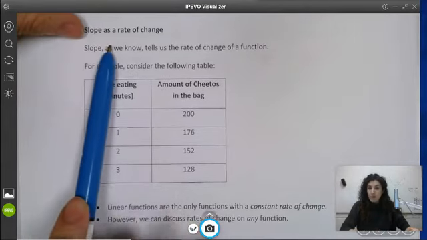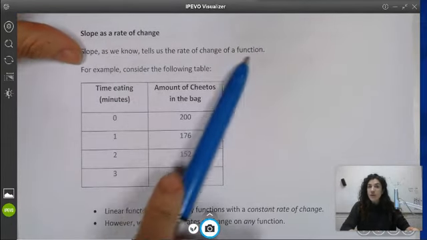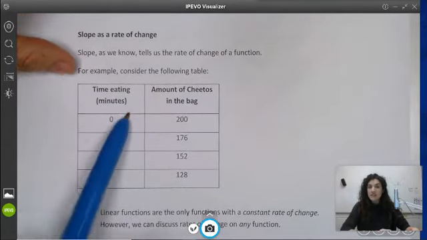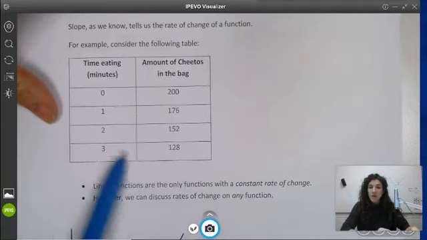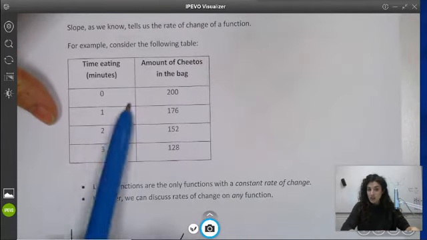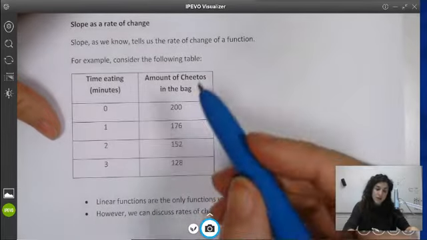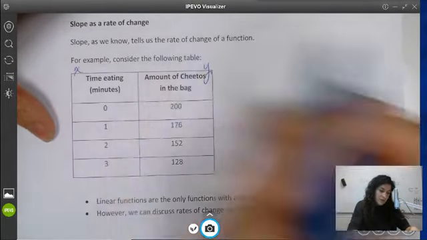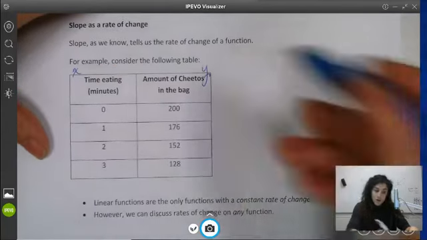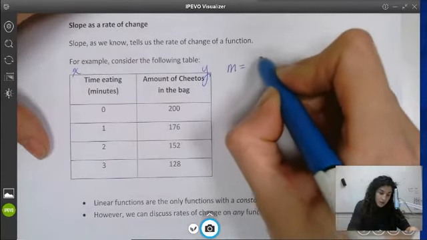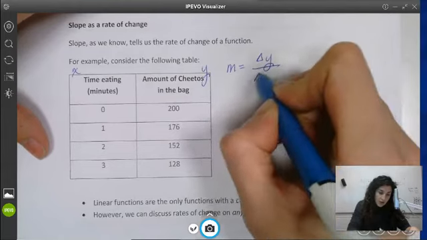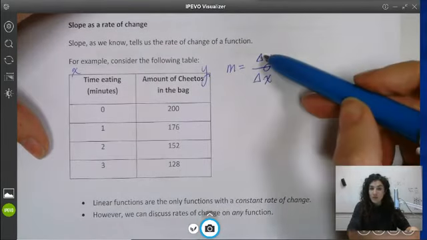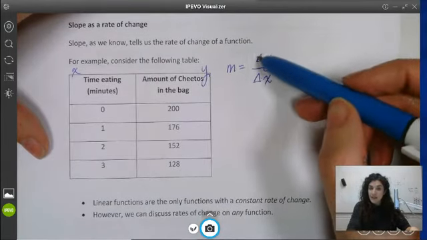So let's think about it in a word problem way. Slope, as we know, tells us the rate of change of a function. For example, consider the following table. We want to know what the rate of change is here. And if we have a table of values, we know that this is going to be our y values. We know that this is going to be our x values. If we want to know our change in y over our change in x, remember those delta guys that we learned about last time?